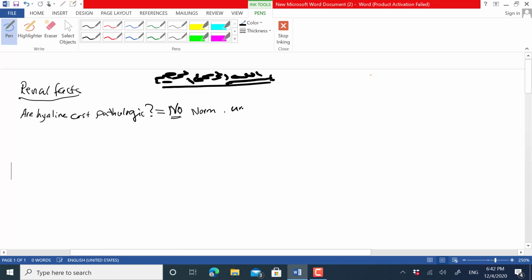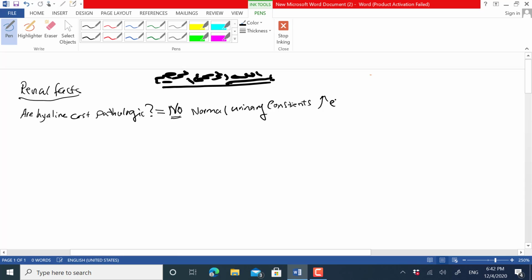urinary constituents. Normal urinary constituents which are increased with fever or after administration of diuretics.